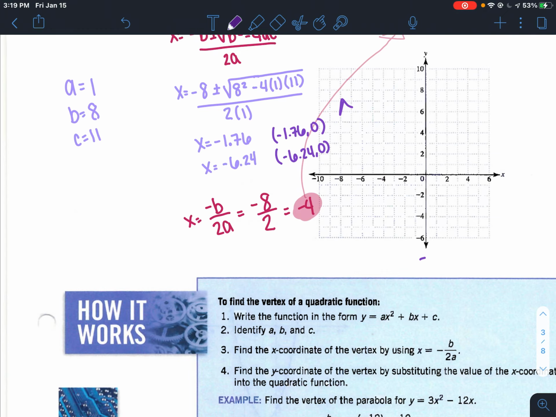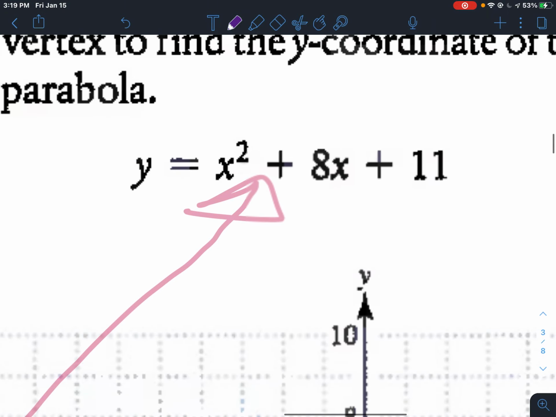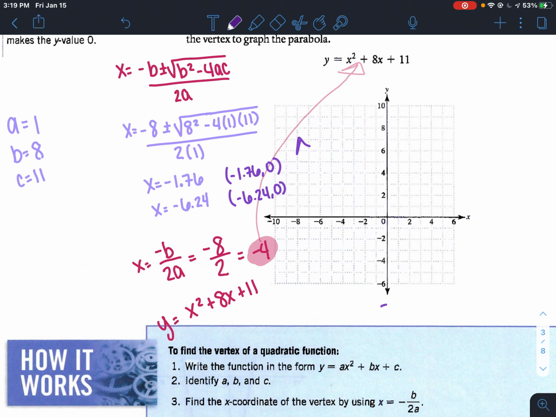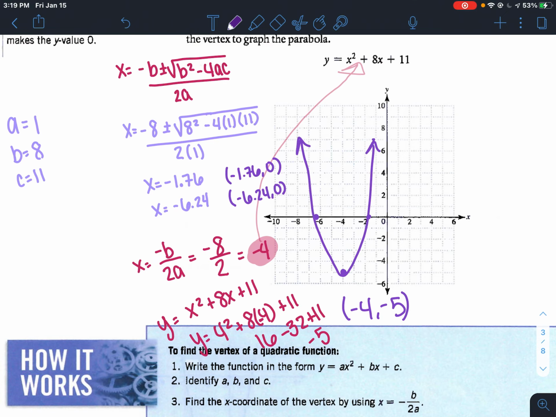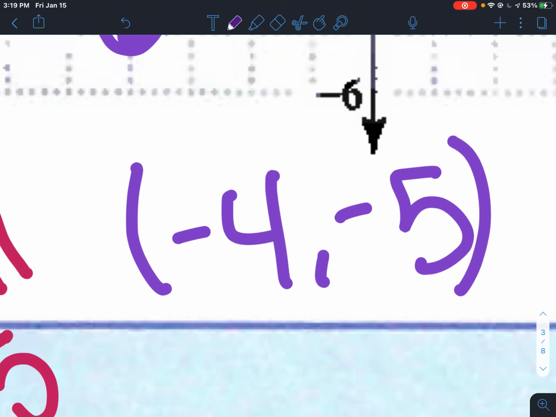It's one point. So I need the y coordinate, and in order to do that, I plug it back into the function that I was given. So I'll plug in negative 4 for x and solve. So do the math. Y equals negative 5. So my vertex is negative 4 comma negative 5.